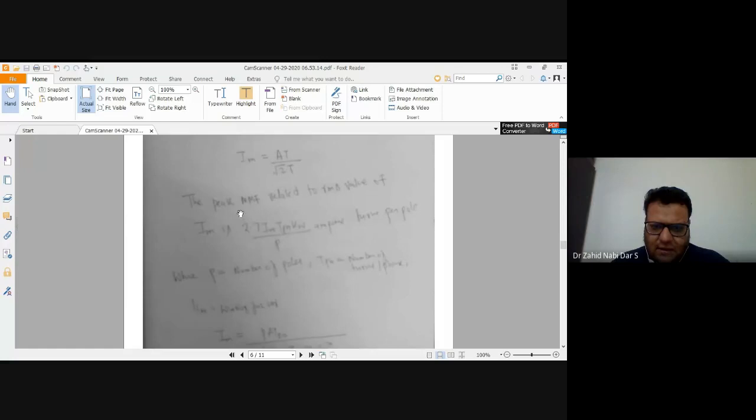See here also, the peak MMF related to RMS value of Im is 2.7 Im T phase Kw by number of poles, ampere turns per pole. Now you will say, sir, from where has it come? So this is also one empirical formula.